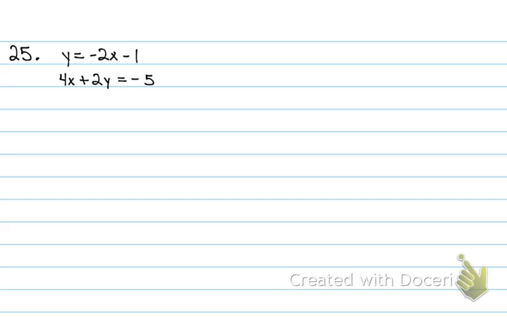Now, on 25, it does not tell you which method to use, but you know that because of the setup, which method should you choose? Substitution. Okay? So now you have -2x minus 1 that you're plugging in for y on the second equation.